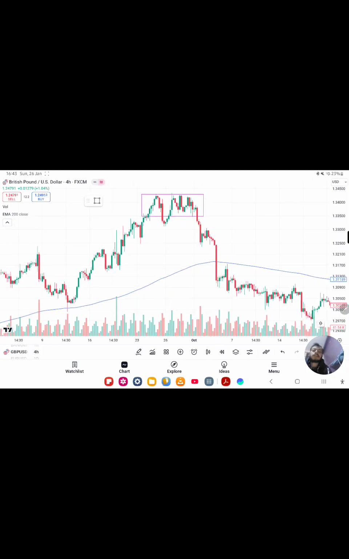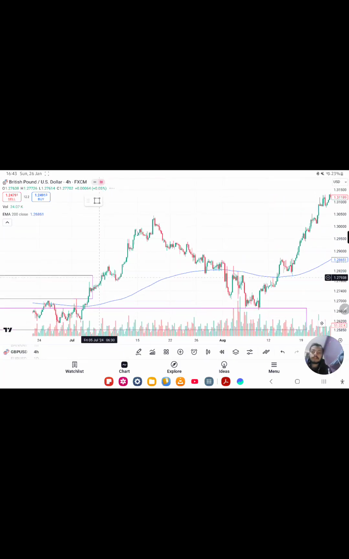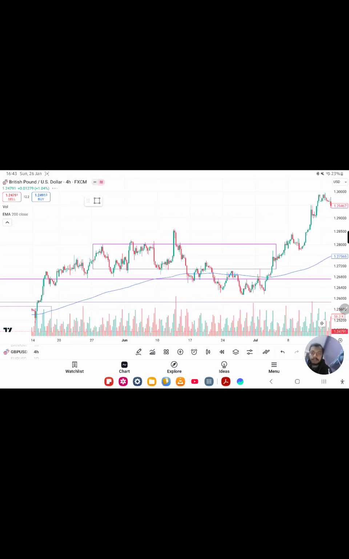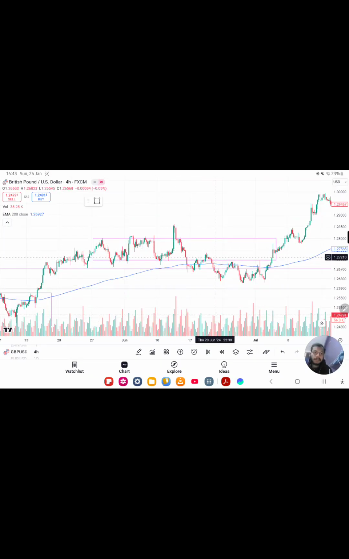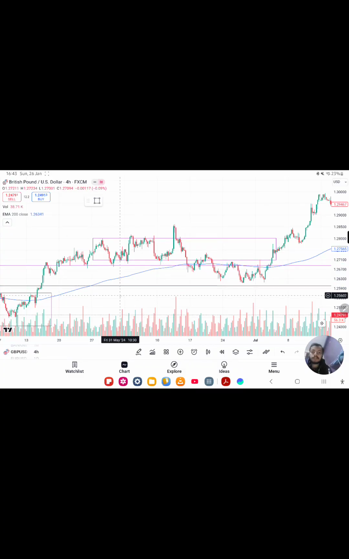Yeah, this was around 1 week. This one is a value area. Here it has broken down, but again came back, and there was resistance many times. Finally the resistance was broken.